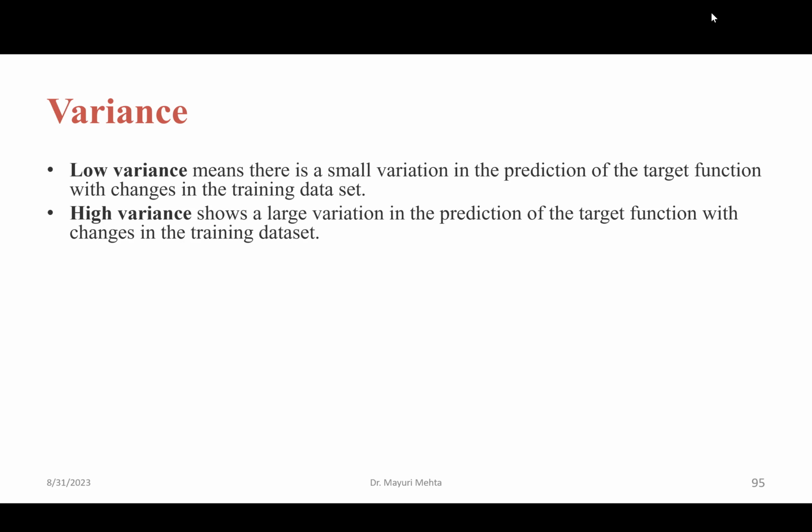Because of this, a model gives good results with the training data set, but shows high error rates on the test data set. High variance means the model shows good performance for the training data set, but does not perform well for the testing data set, which is unseen data. Because with high variance, the model learns too much from the data set, it leads to overfitting of the model.